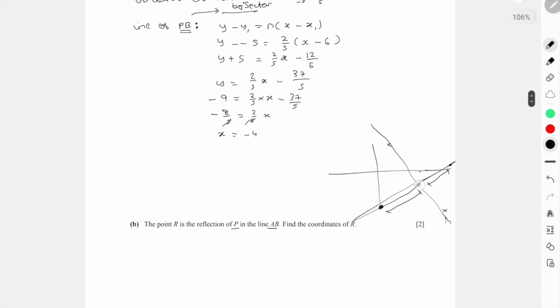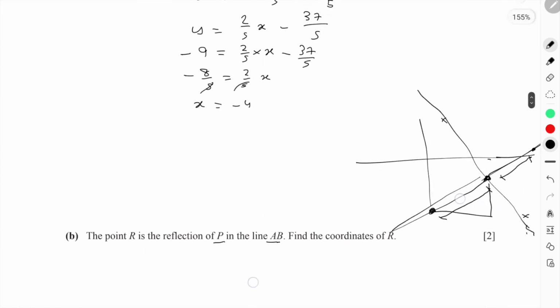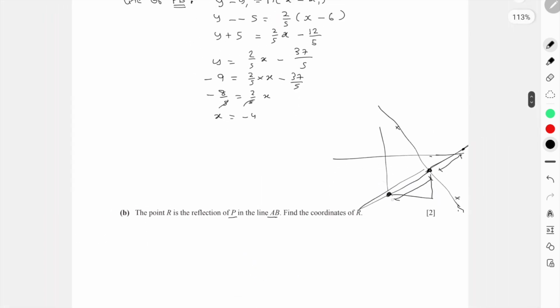So what we're trying to do right now is find this x distance, the change in x I mean, and then multiply it by 2, because if this is the reflection, it also has the same triangle. Do you see the step here? That's essentially what we're trying to find. So we multiply this change by 2, and then we add the x coordinate we have here to get the x coordinate here.